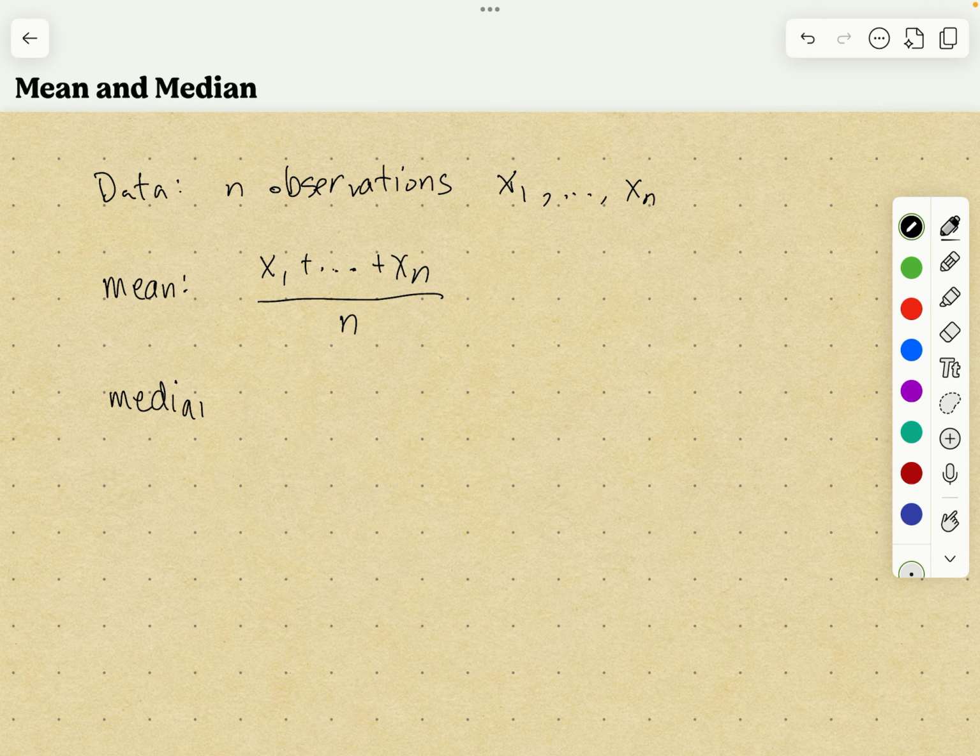And the median is a number that's in the middle.